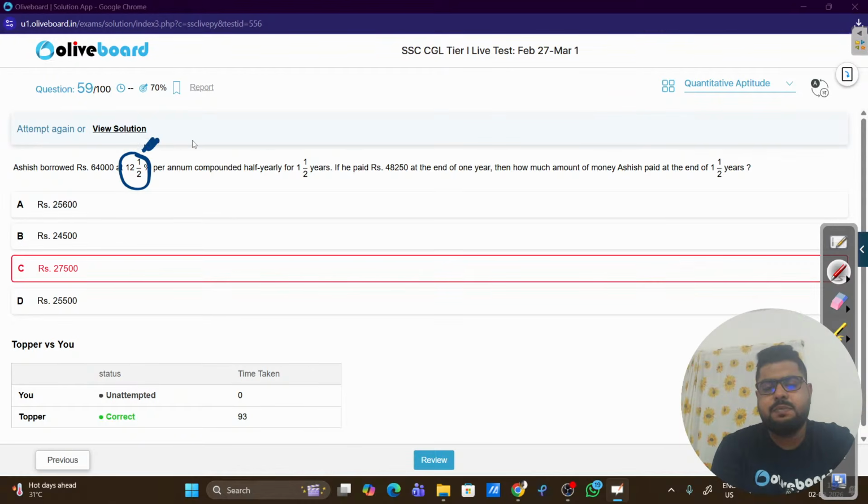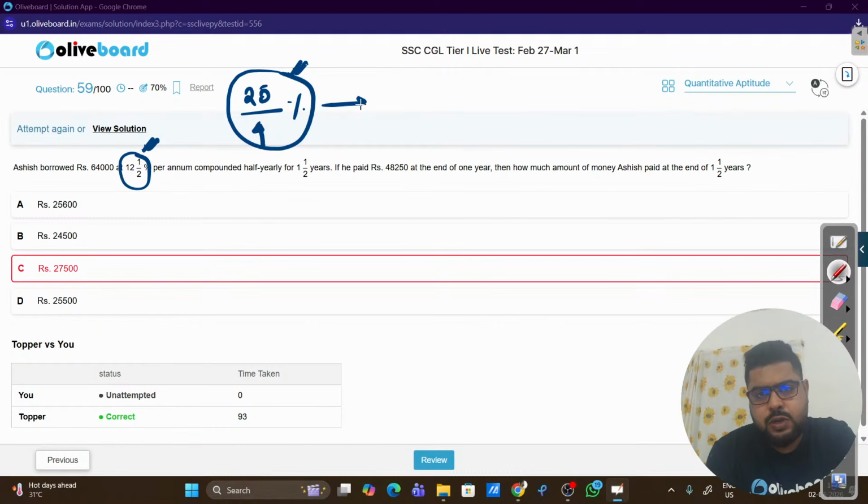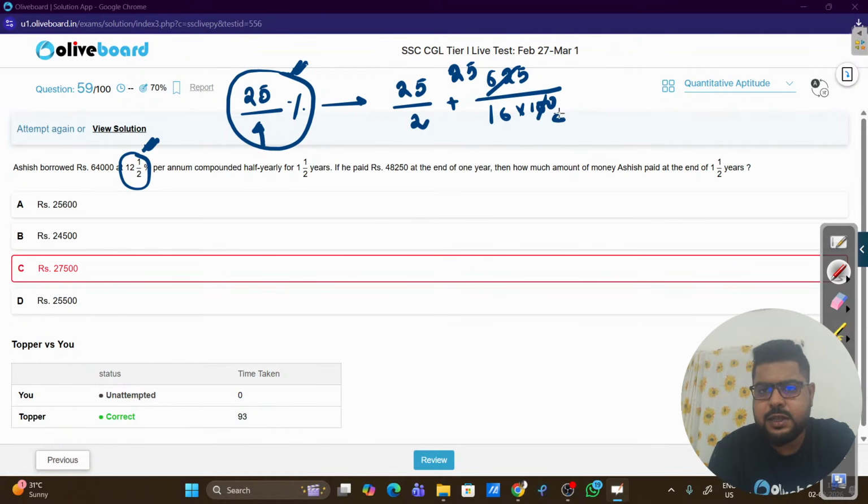12.5% per annum compounded, so 25 by 4%. That is per half year. So in 2 years, I'll get 25 by 2 plus 625 divided by 16 into 100. 25 25s are this, 25 fours are this.